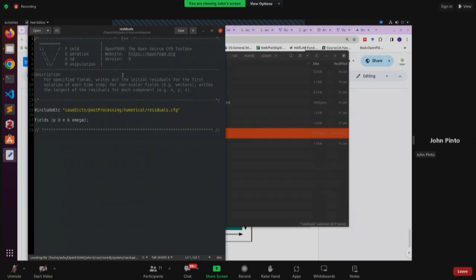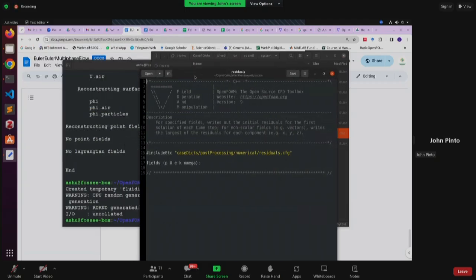So I've added a residual file over here. See, the residual file looks something like this. Here you just add which field you want. If you want only U, okay. Yes, the basic at least. Okay, Chaitanya, we can do that quickly. So I'll quickly tell him what needs to be done.